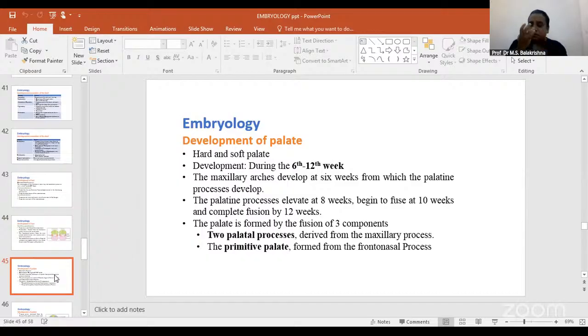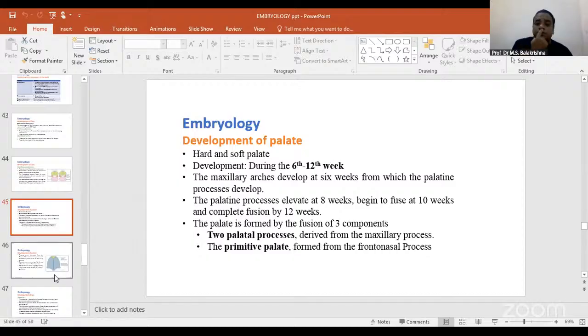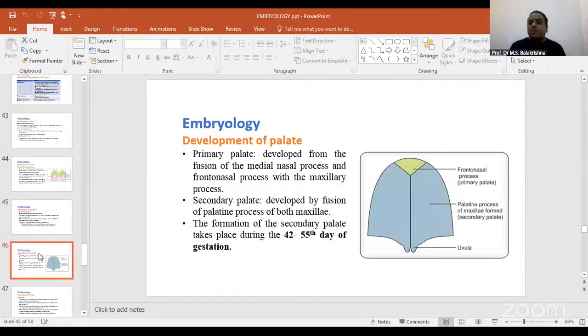Medial nasal process will fuse with the frontonasal process. The frontonasal process forms the philtrum. So this you have studied again and again, so I'm not going into the details of that. Palate development is at 6 to 12 weeks, and the two palatal processes and the primitive palate will fuse. Three structures will come and meet. This is what I was talking about.